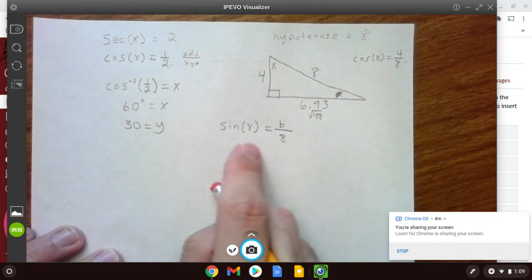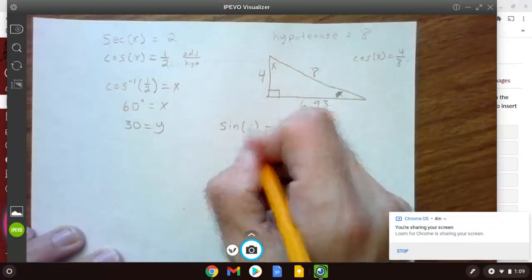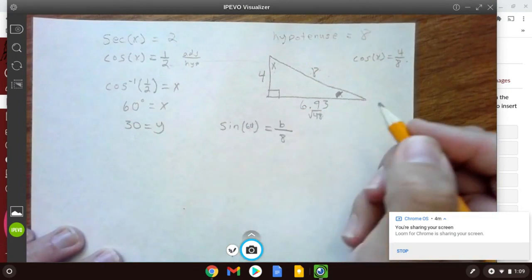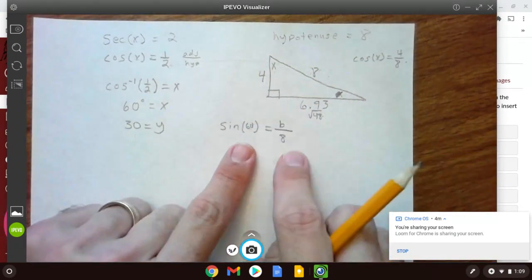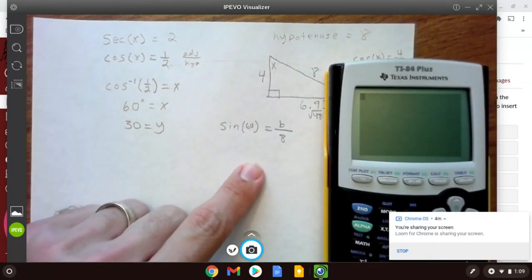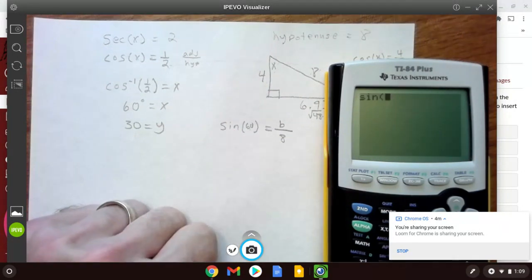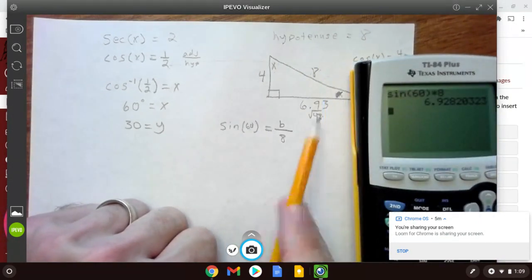What am I saying? I knew what x was all along, didn't I? x was equal to 60 degrees. So sine of 60 is equal to b over 8. All right, and then to solve for b, you would multiply by 8. So you have sine of 60 times 8, 6.93. Yeah, same answer as we had.